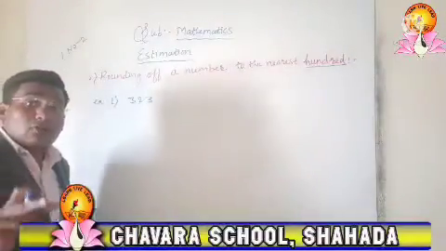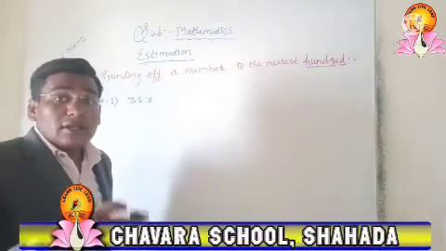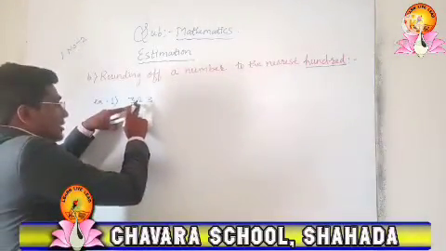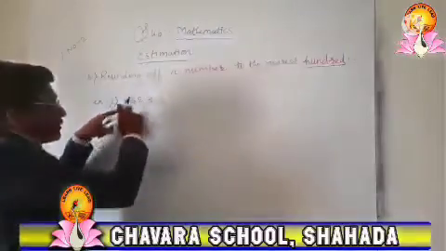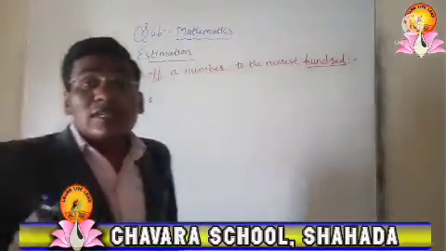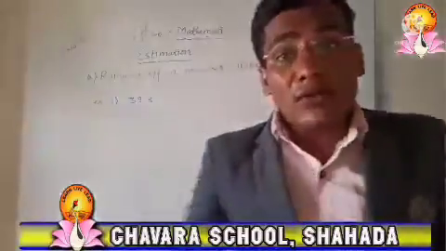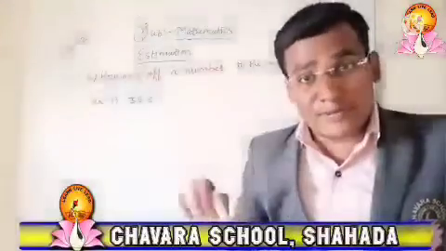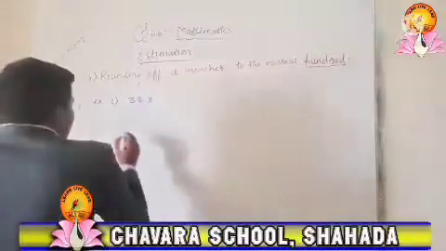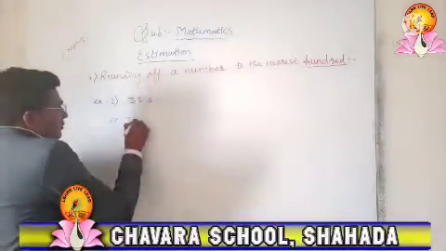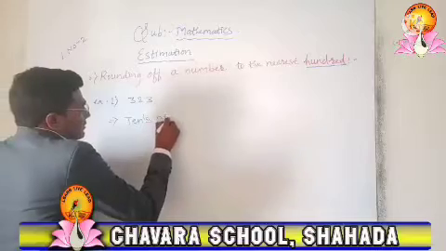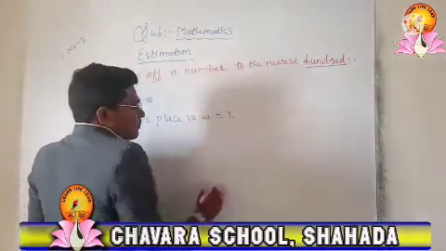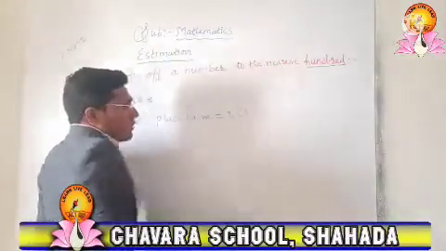Then we have to see the next value after the 100 place value, which is 2. Whenever we are rounding the 100 place value, we have to see the 10th place value. So the 10th place value is equal to 2, which is less than 5.